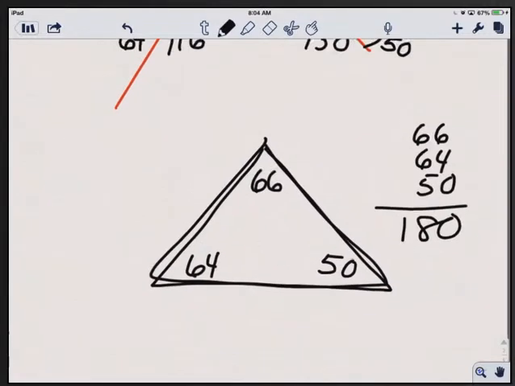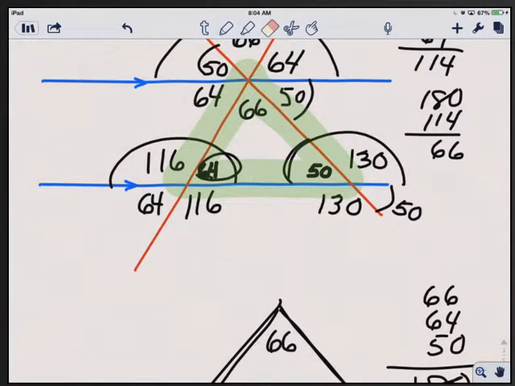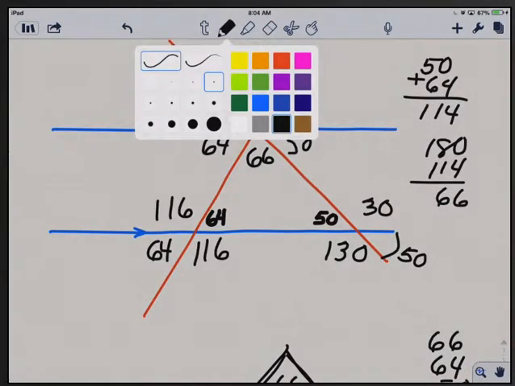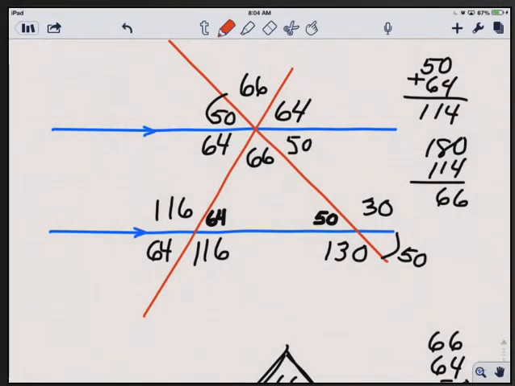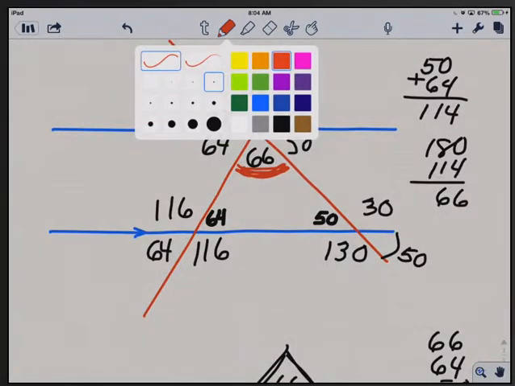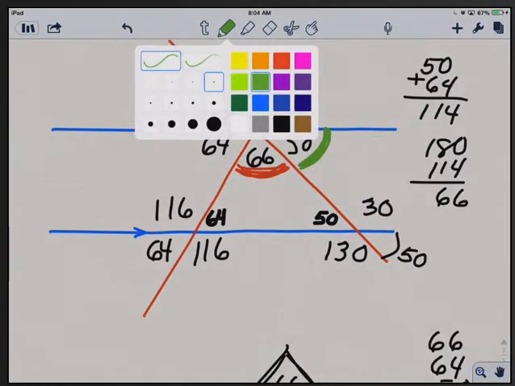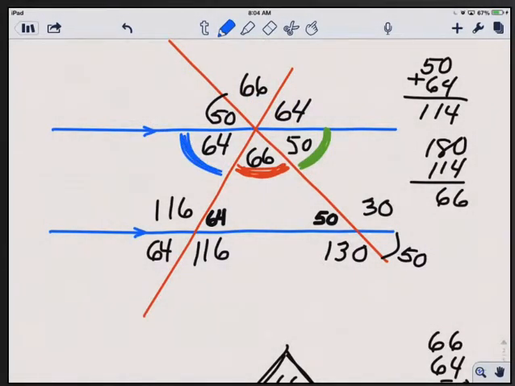The reason being, if we go back to this diagram and get rid of some of the clutter, and look at the diagram this way, this angle, the red angle, and this green angle, and this blue angle, they add to equal 180 degrees.